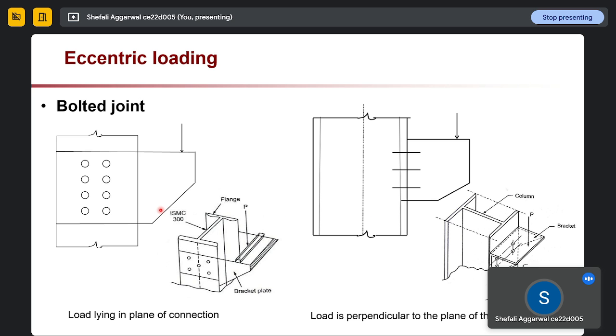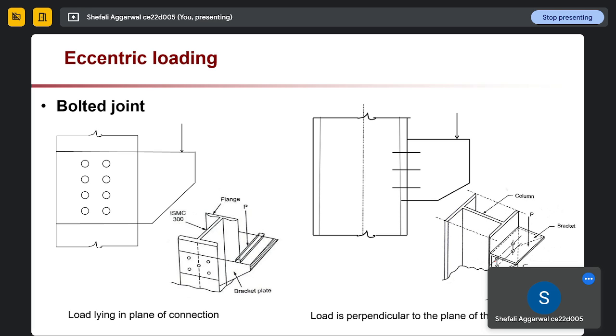First, we will see the eccentric loading in our bolted joint. This figure we studied last week, where our load is applied in the plane of the connection. Our connection is in this direction, and the load is also applied in the same direction. But now we will study when the load is applied perpendicular to the bolts.